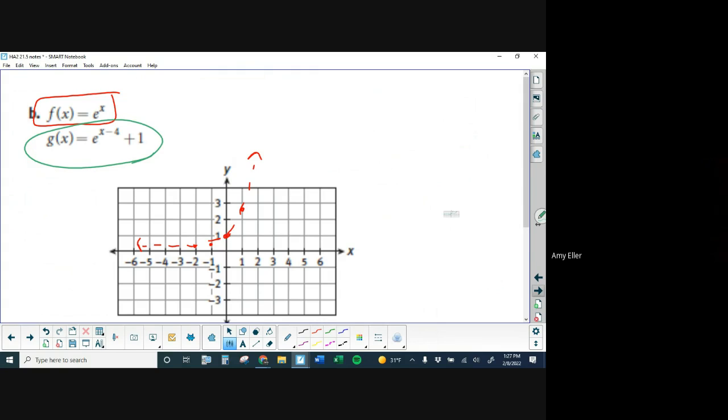Take the current points. Left 4, up 1. Thomas, what would be the x-intercept of that graph?